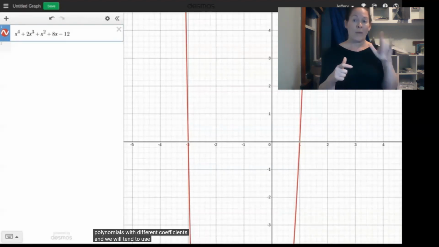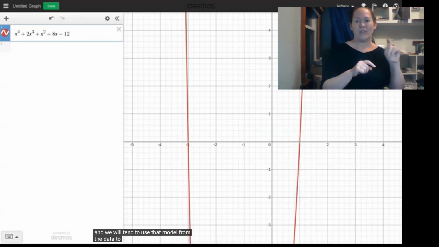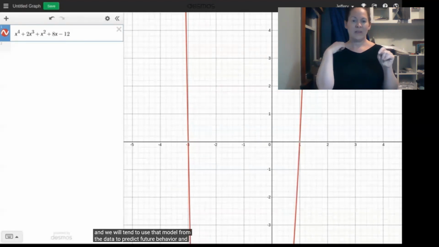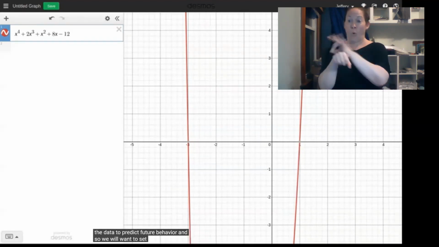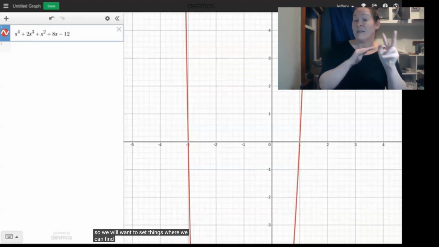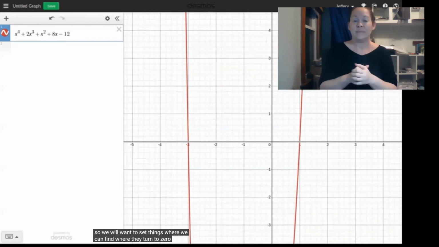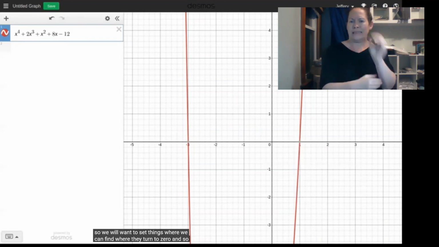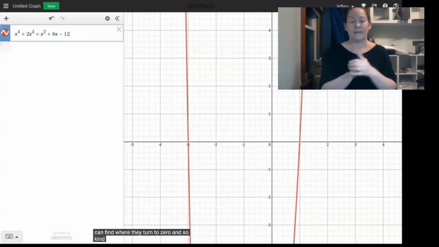And we will tend to use that model from the data to predict future behavior. And so we will want to set things where we can find where they turn to 0. And so we're going to look at the idea of polynomial equations.